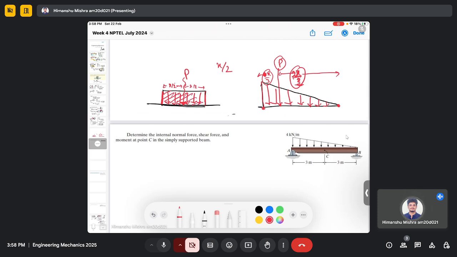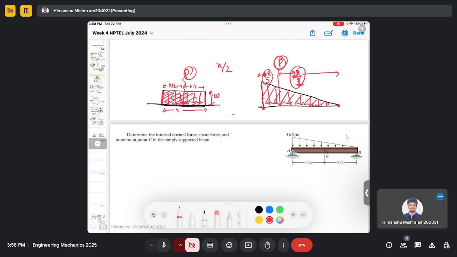So here this distance is W, which is basically a force per unit length, and this is the distance over which the force is acting. So its area is equal to the equivalent load. Similarly, when we calculate the area of this triangle, we will get the equivalent load.